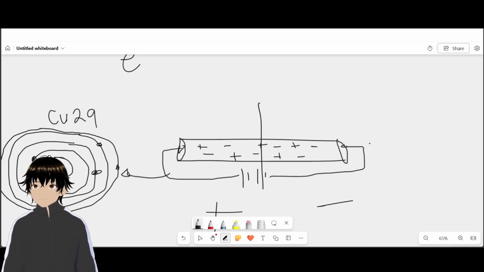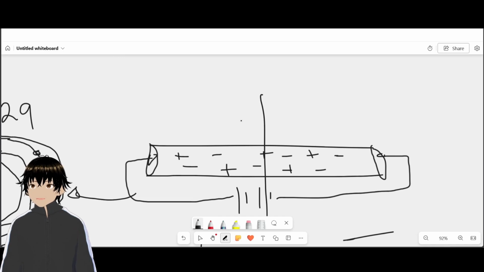If we hypothetically zoom in, let's say that this is you, and you're looking at the copper wire. There is an imaginary line across the copper wire.